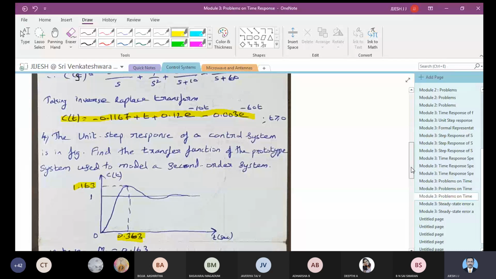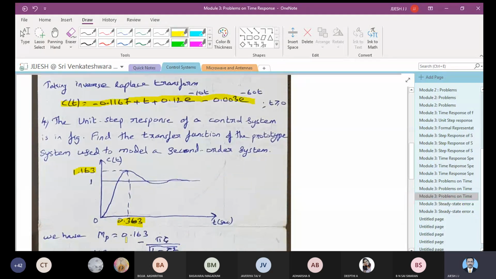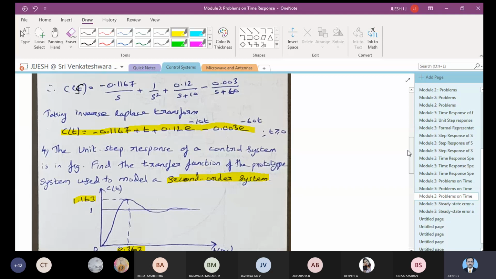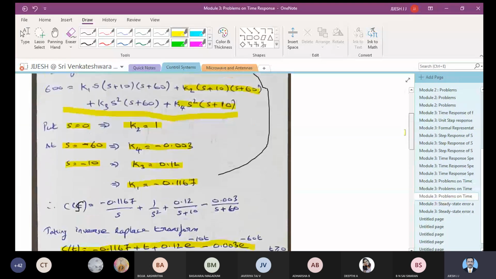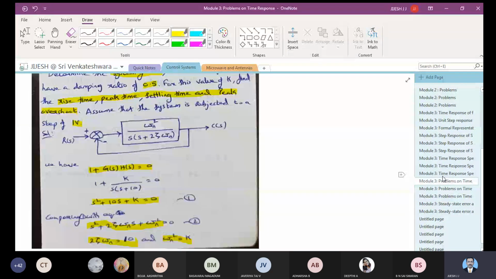So Mp will be 0.163. You can use the equation and find out what is required to write the transfer function of a second order system. What is the transfer function of a second order system? We have written it so many times. Wherever you look, you can see that equation.